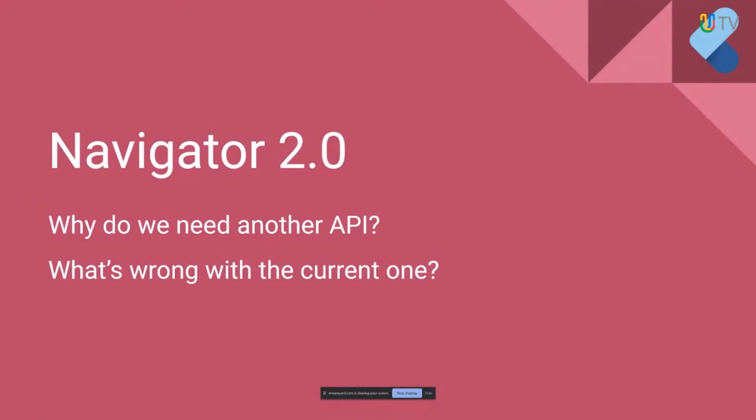Navigator 2.0. The question is, why do we need another API, and what's wrong with the current one? Well, the good answer is, if you've ever experienced any problems with the current Navigator API that doesn't do what you want, then there's a good reason to replace it with something new. If it's not doing what we need, let's make something better. But all jokes aside, it's been around since the very beginning.